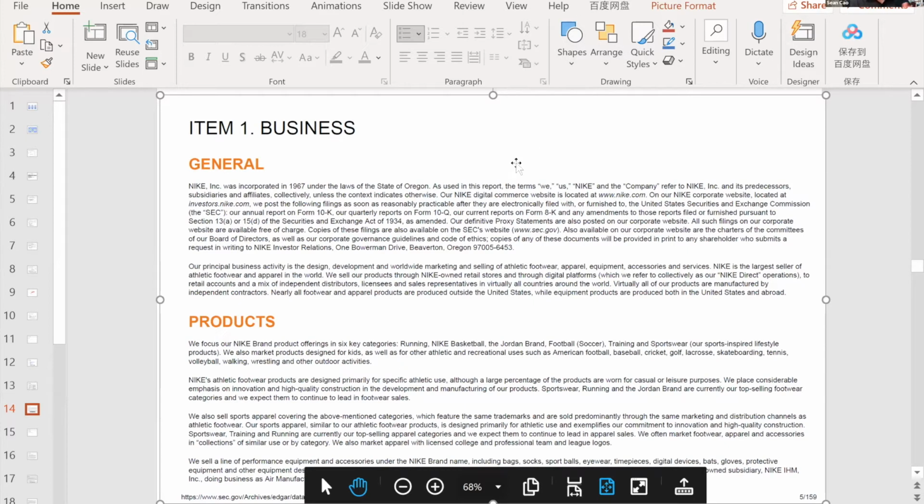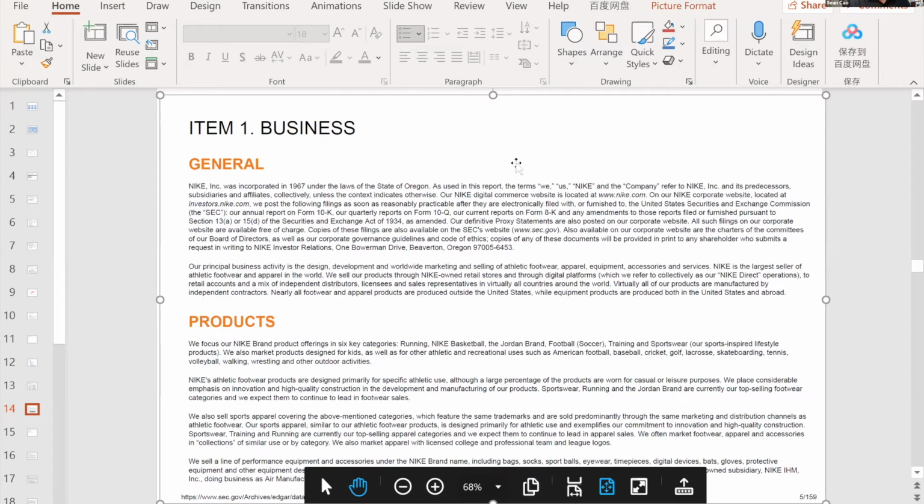You guys know soccer and football are different, right? Anyway, they put them together. So training and sportswear, and we also market products designed for kids. Then they have golf, tennis, and volleyball, walking, and so on.